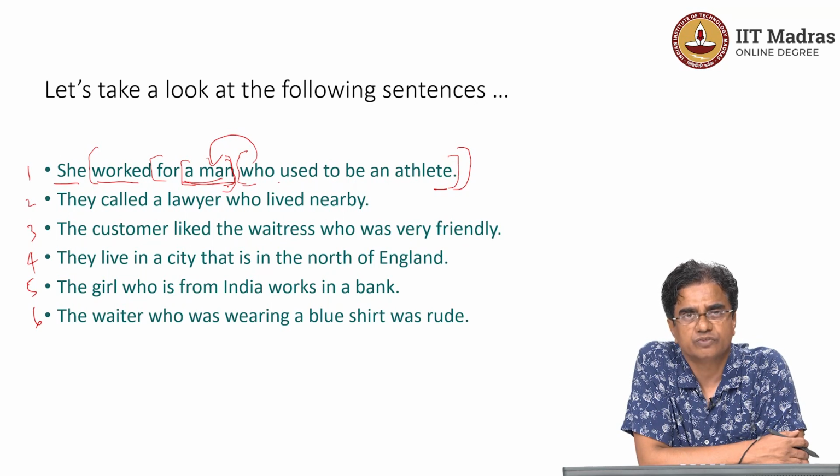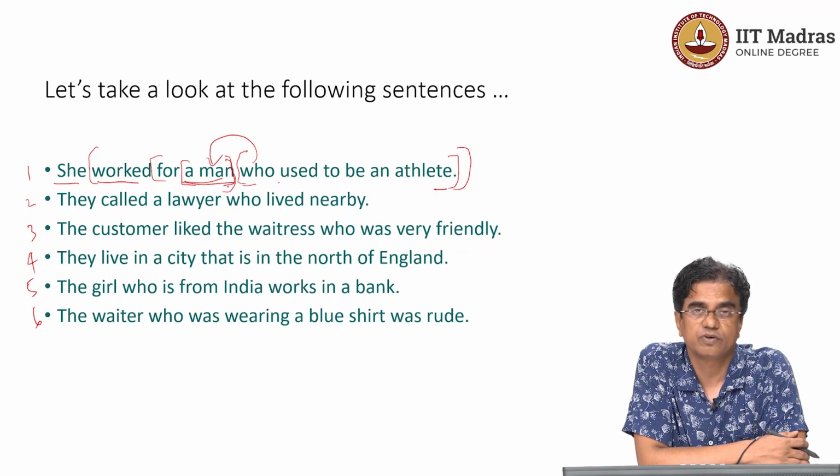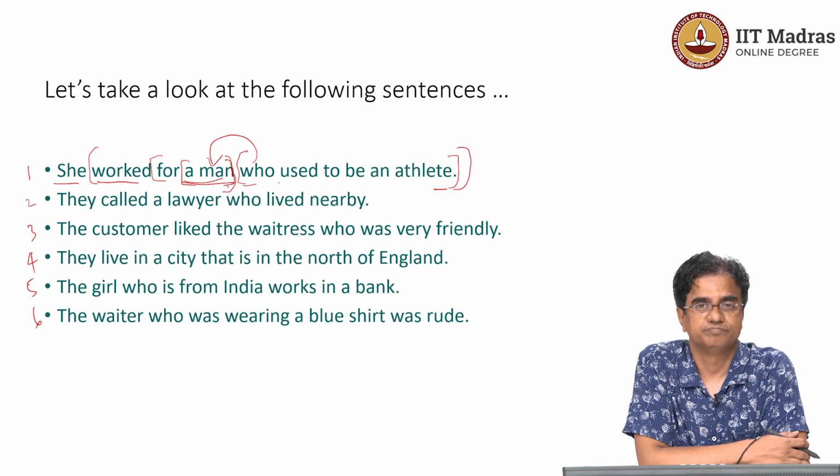Any element, whether a full sentence or a small element like a one word adjective, any element that gives us more information that modifies a noun is called a modifier. So, a relative clause is also a modifier, and an adjective is also a modifier. Therefore, functionally, there are similarities between a relative clause and an adjective.